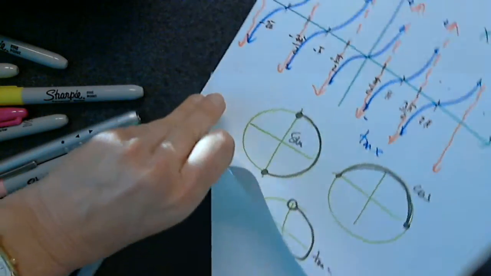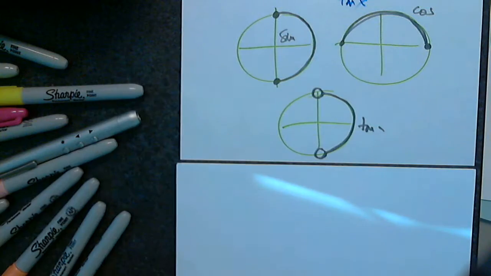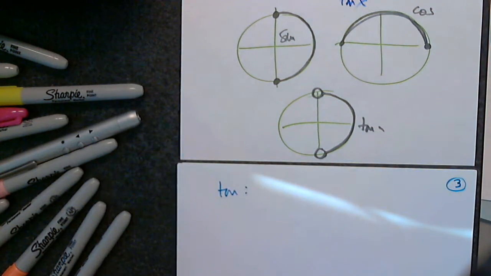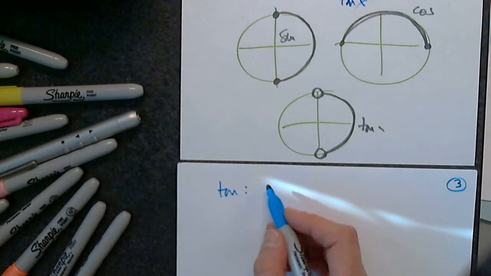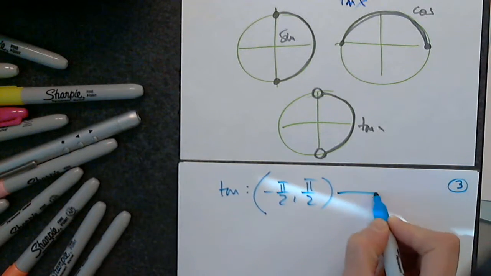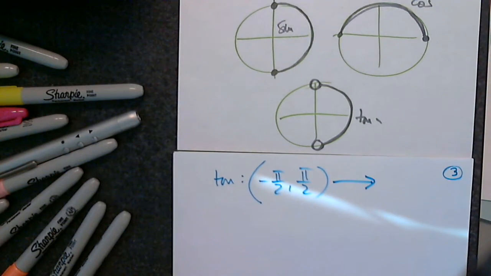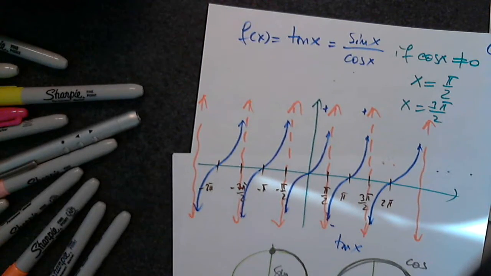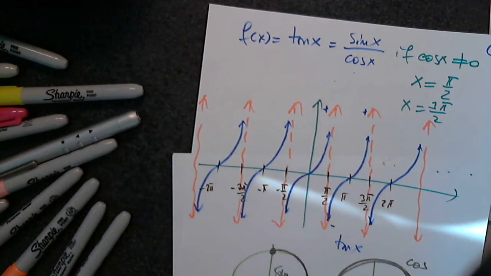So can anyone give us the domain of tangent and the range of tangent? So tangent is defined on negative pi over 2 to pi over 2, and the range. Let's look at the graph. Range, we're talking about the range.